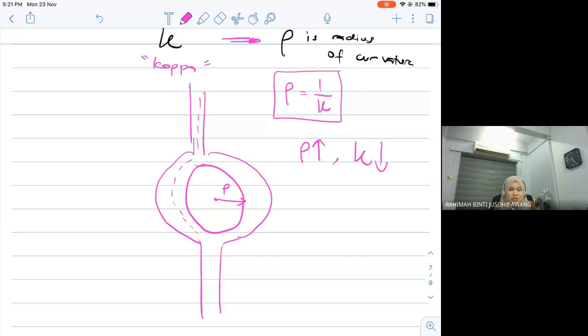Which means you don't need to turn sharply. You can relax, turn a little, and just pass through the roundabout. But if the roundabout is small, which means the radius is small, what happens to your bicycle handle?